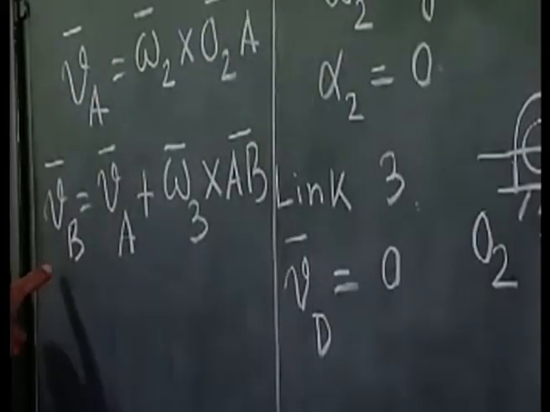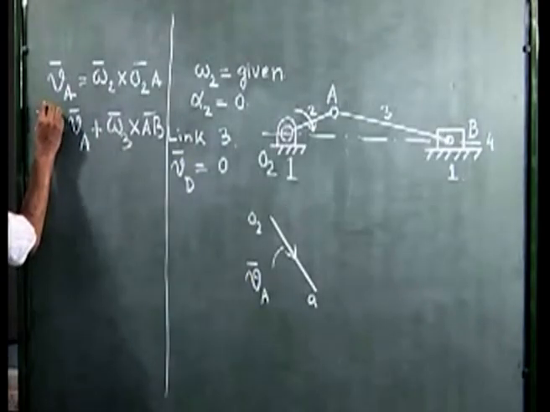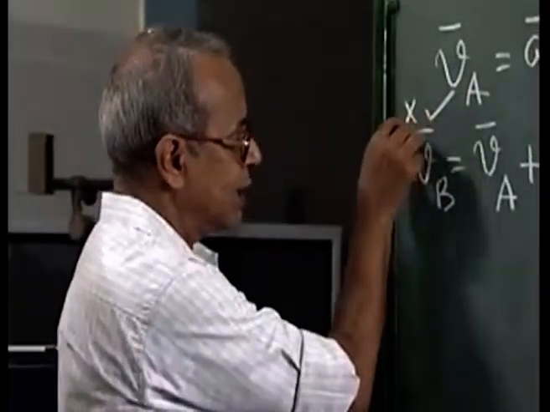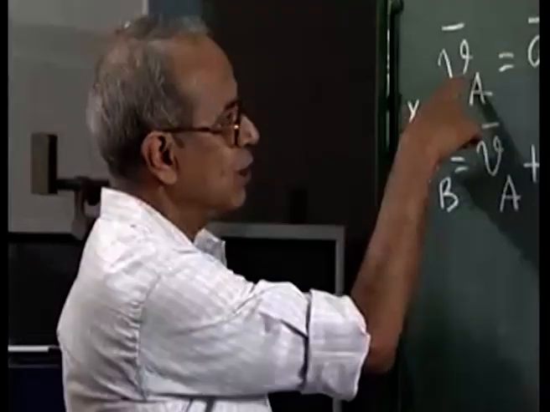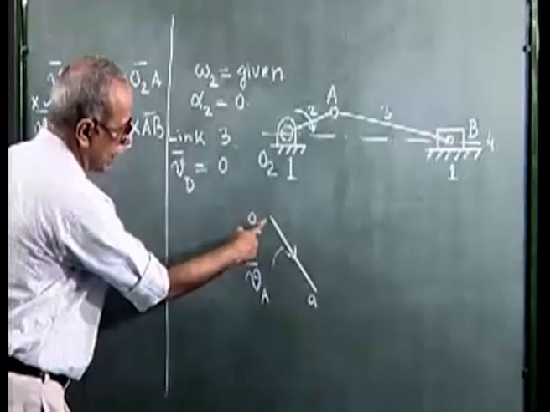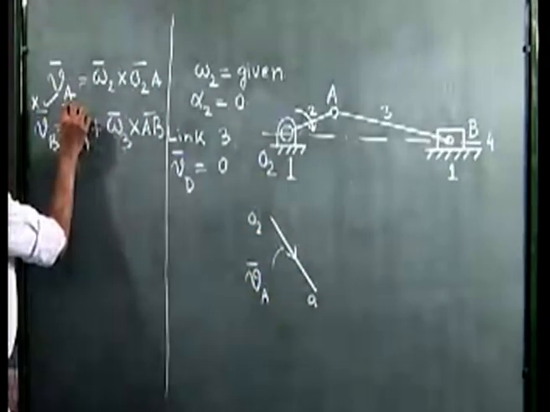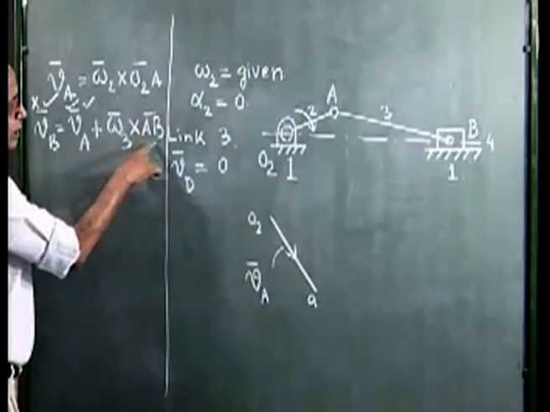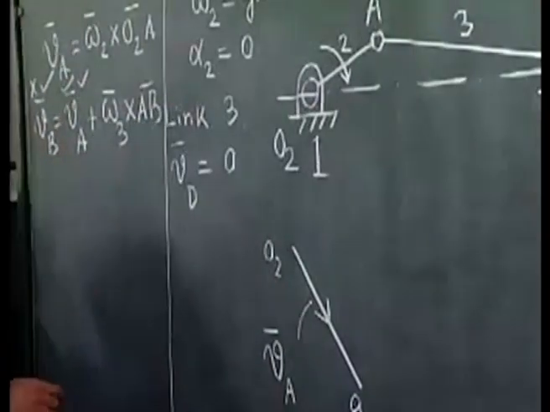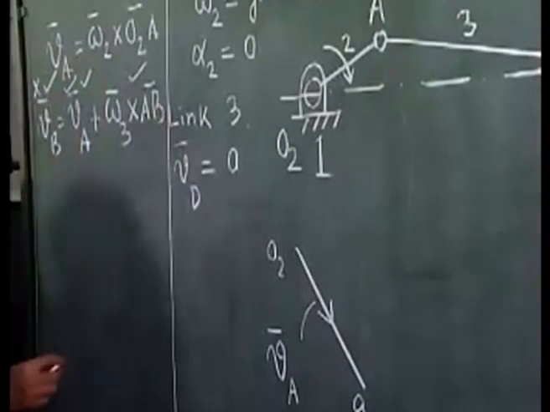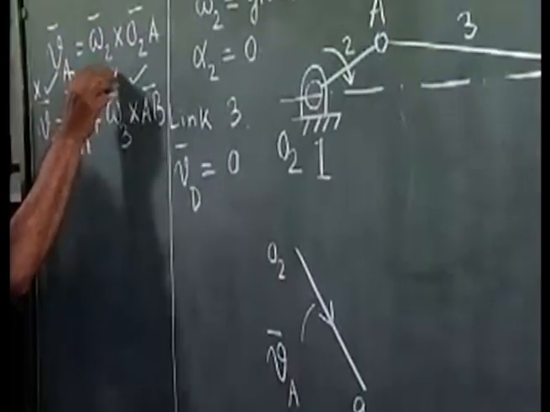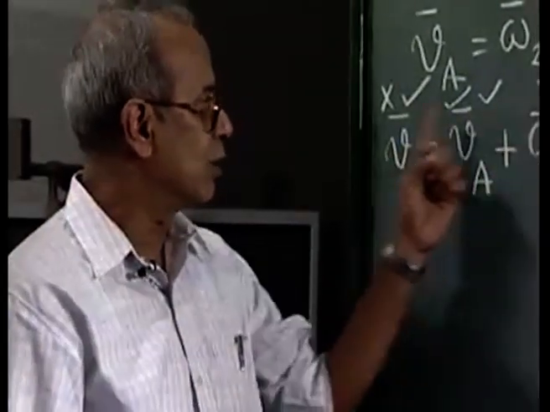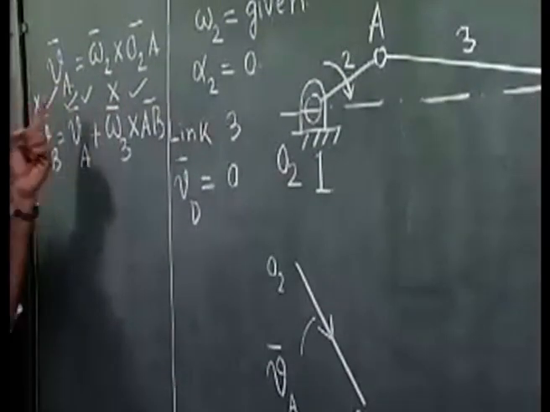For velocity of B, we know the direction, that is horizontal, but we do not as yet know the magnitude. Velocity of A has been completely determined and drawn, so this is completely known. Omega 3 cross AB is perpendicular to AB, so I know the direction of this vector, but I as yet do not know the magnitude. So this vector equation has two unknowns, as represented by these two crosses.